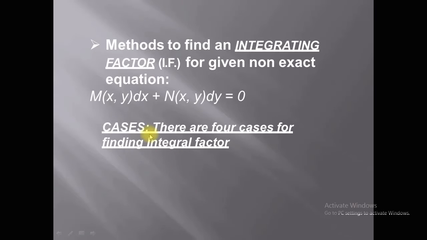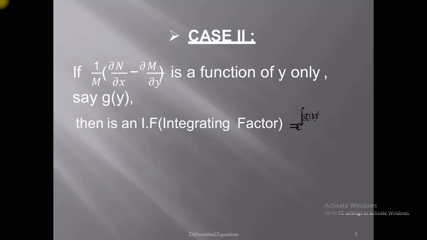Now how to find an integrating factor? I have already told you that there are cases, in which one case we have discussed already. Now today the second case for finding an integrating factor.